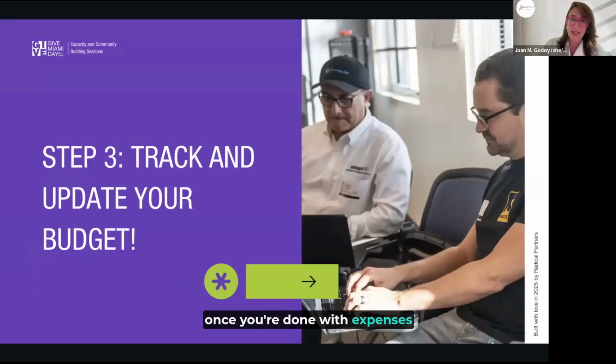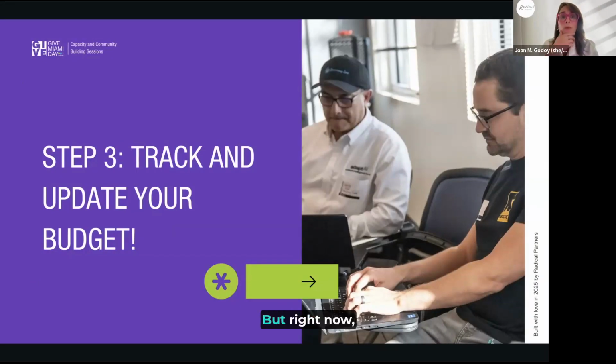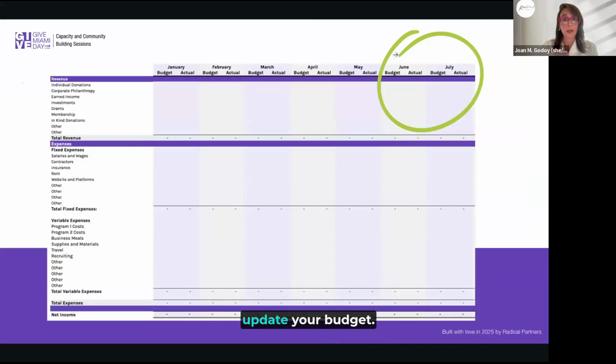Once you're done with expenses, with your projection of the revenue streams, step number 3, it is very important for you to track and update your budget accordingly. Some of us get to have an accountant or someone that helps us do that. Some of us don't, right? But right now, that's where we can leverage technology and YouTube videos and webinars like this one and the resources that we're going to give you, so that you have tools that are going to allow you to track and update your budget.